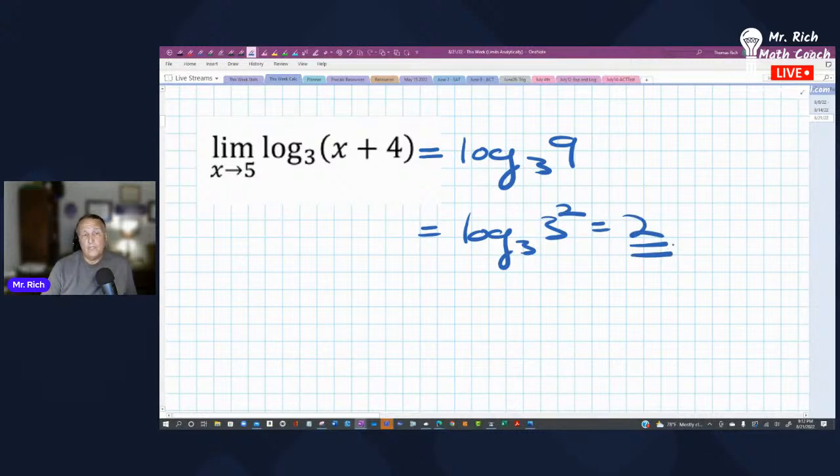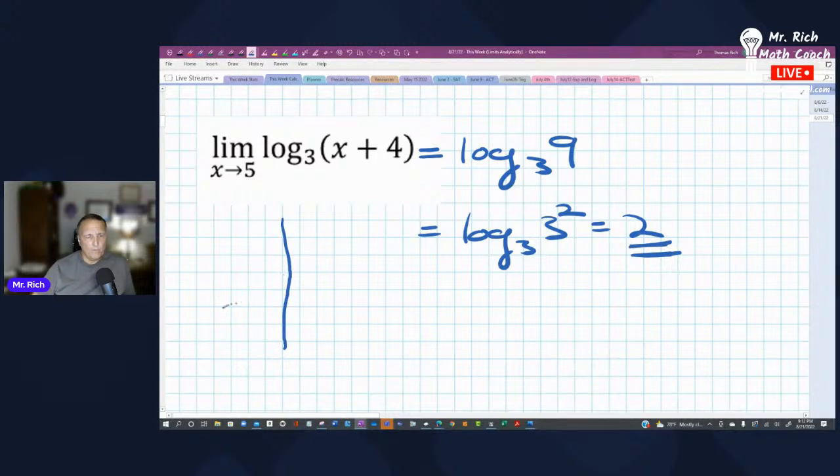Now, it's worth mentioning this to you, class. If you're working these problems and trying to make sense of all this, it makes sense for you to graph that function, log base 3 of x plus 4, using something like Desmos, and look to see what is happening there at x equals 5. Is the limit 2? Let's just sketch what the graph would be.